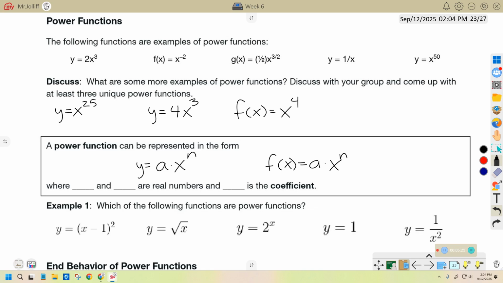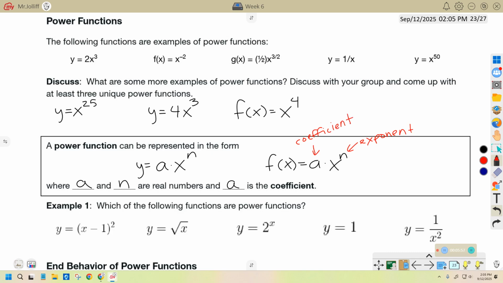And the rule is the coefficient a and the exponent n are real numbers. And a, the number in front, is called the coefficient. We know n is called the exponent. A is a coefficient. What is the x called?